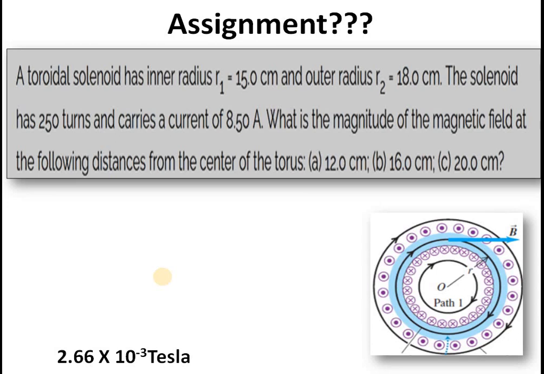The toroid has 250 turns, windings, and carries a current of 8.5 ampere. So the current is very heavy. What is the magnitude of the magnetic field at the following distances from the center of the torus? Toroid is also called torus. At a distance 12 centimeter, at a distance 16 centimeter, and at a distance 20 centimeter.